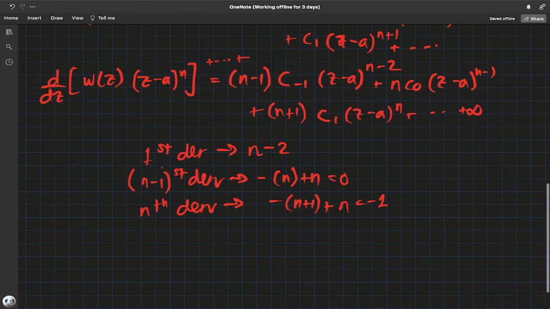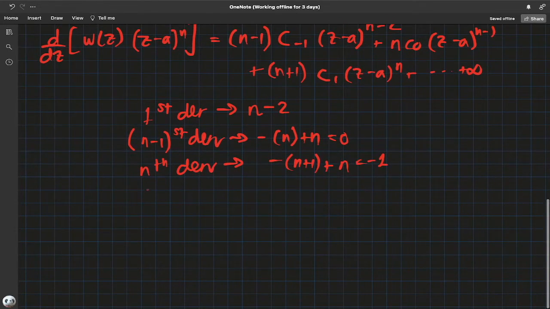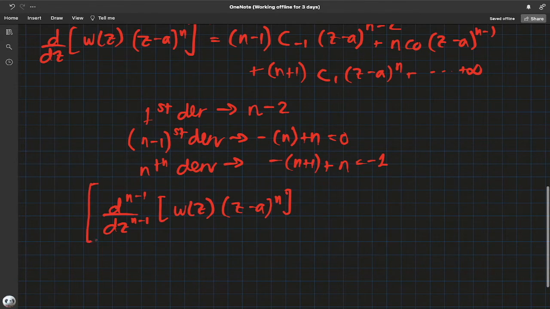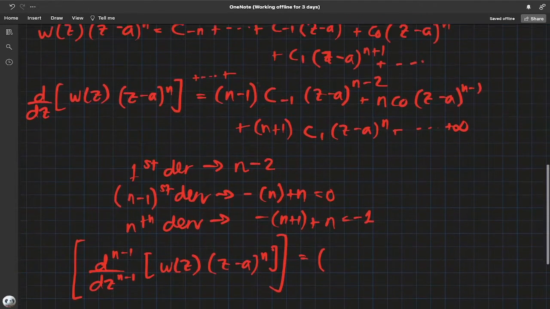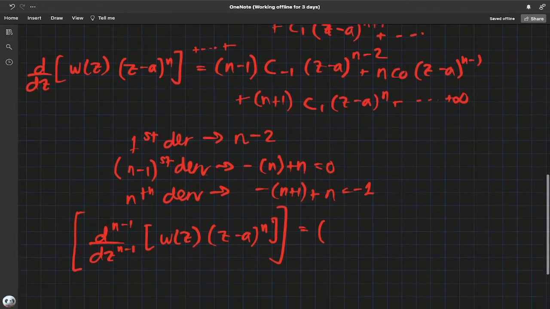So let's take the derivative n minus 1 times, because we want 0 power for that. Doing that, we have the n minus first derivative with respect to z of w of z times (z minus a) to the nth power, and for the first term we get n minus 1, n minus 2, n minus 3 from all the derivatives.